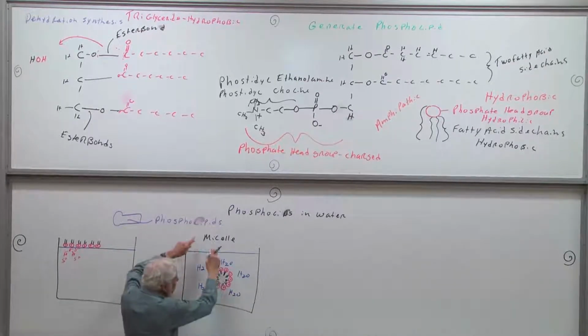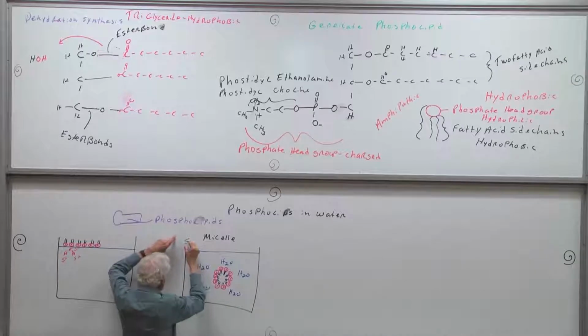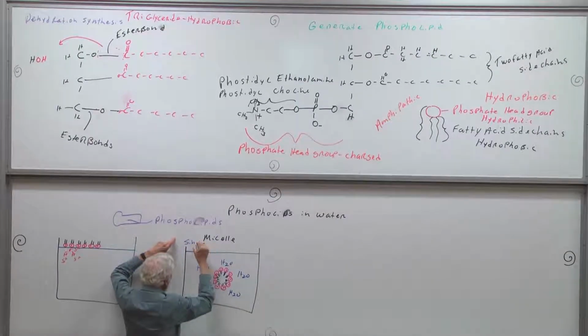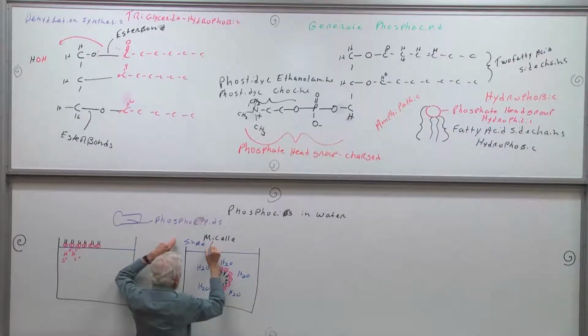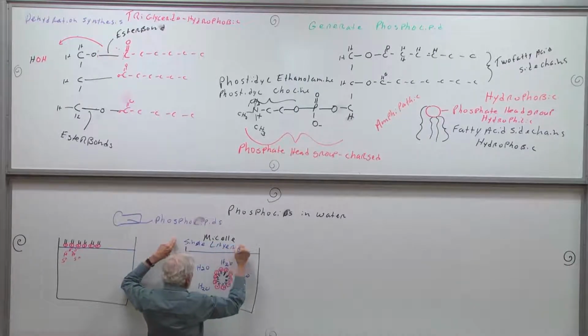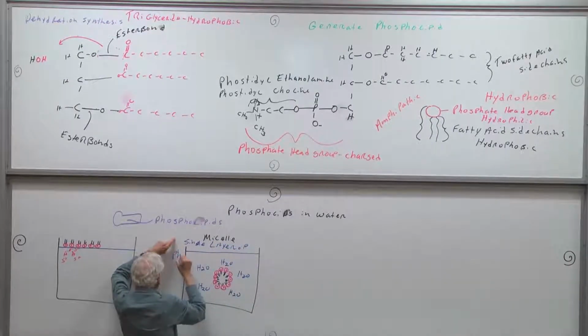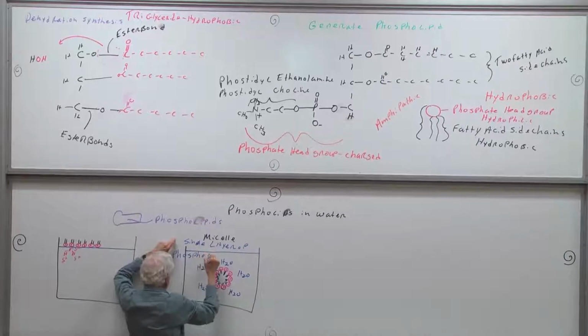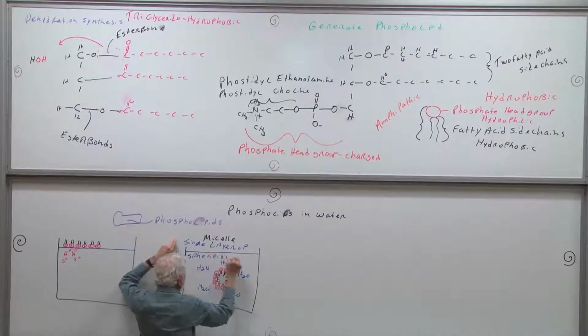So the problem with the micelle as a single layer of phospholipids is that it's unstable.